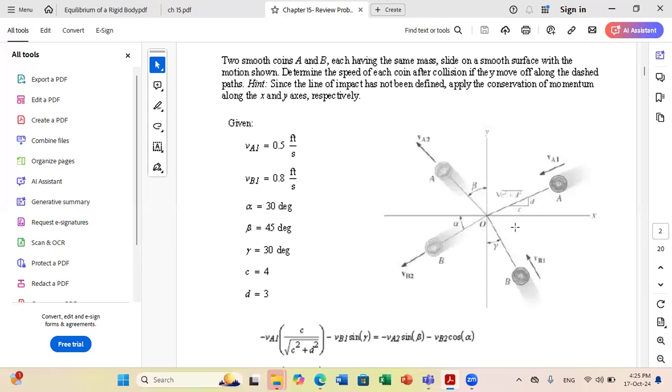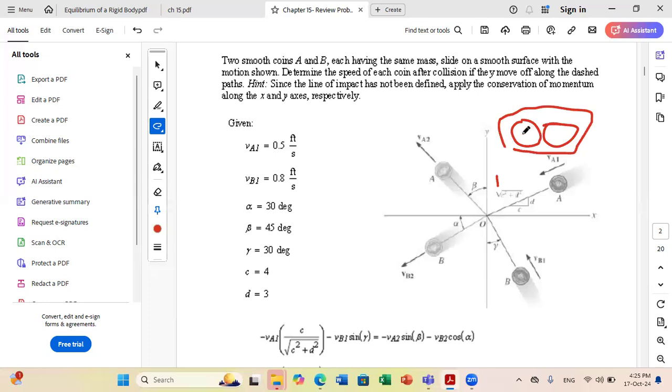When you take system A plus B, the impulsive force is of unknown direction, because you don't know where your line of impact is. But for this system, you can apply conservation of linear momentum along any direction, because conservation of linear momentum is actually a vectorial relation.